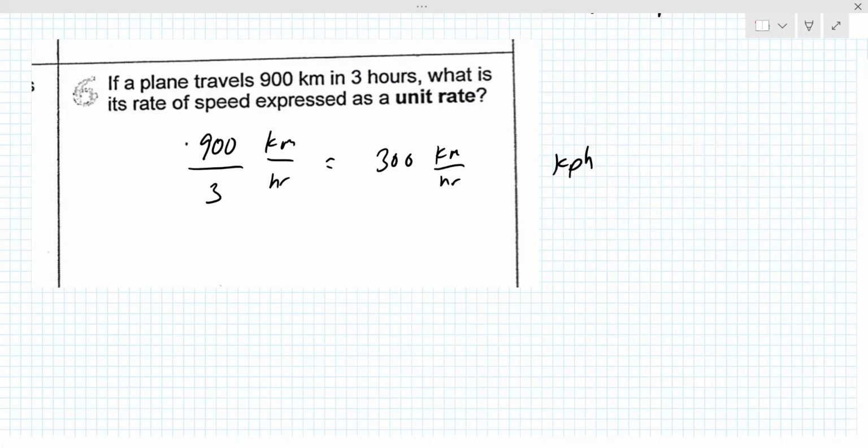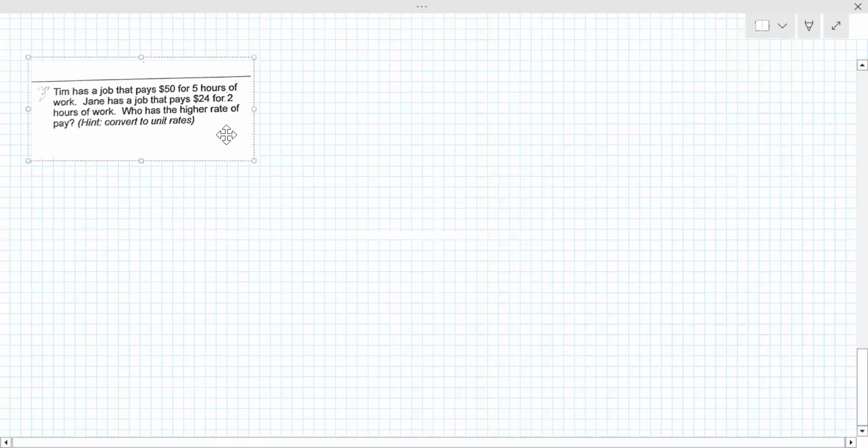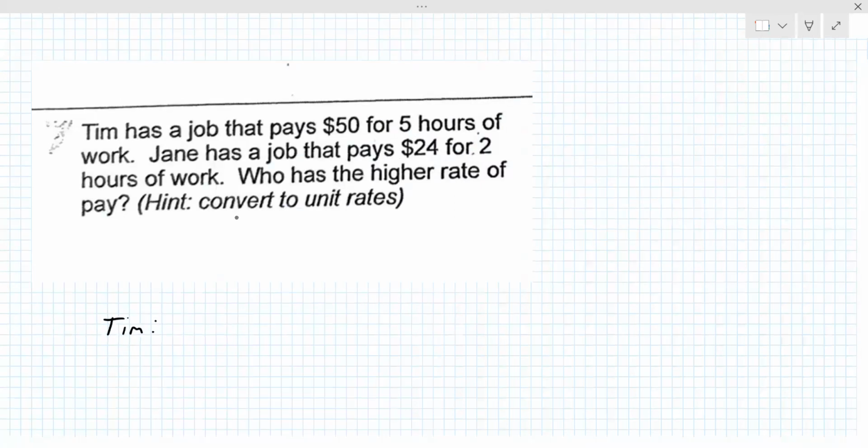So number 7. Take a look at this. It's $10 per hour. All right. But who has the higher rate of pay? So you're right. Tim is getting 50 divided by 5, which is $10 per hour. And you do want to show it this way, or write dollars per hour.